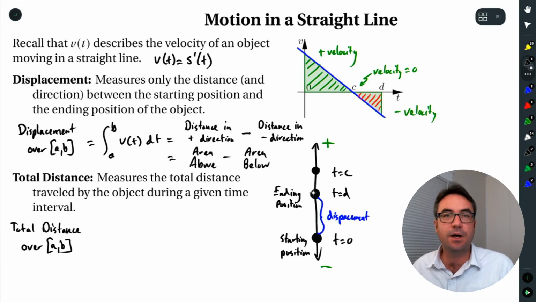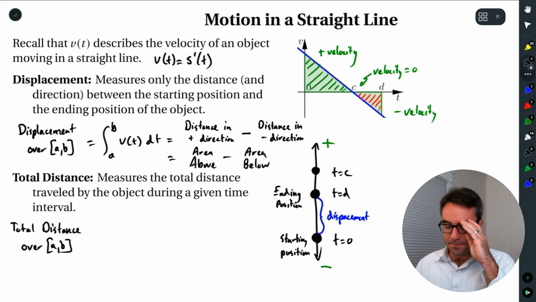Let's go back to our little motion video here. We have this object. It starts, goes up and up and up, slows down, hits time C where it stops, and then it starts retracing its steps, and then we have our ending position. So the total distance just records the distance and gets rid of any direction considerations.